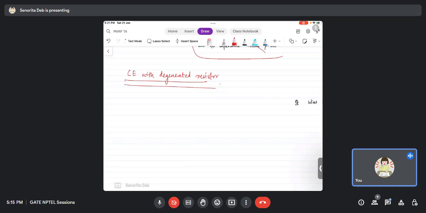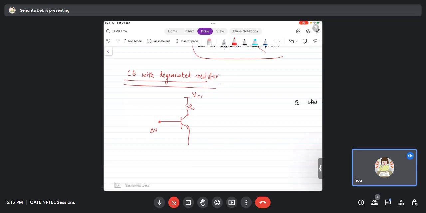Okay, so what is happening? Suppose now this was the BJT, right? Now there is a small delta V variation in the input, whatever is the reason.